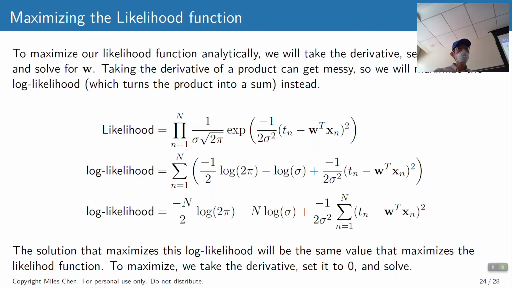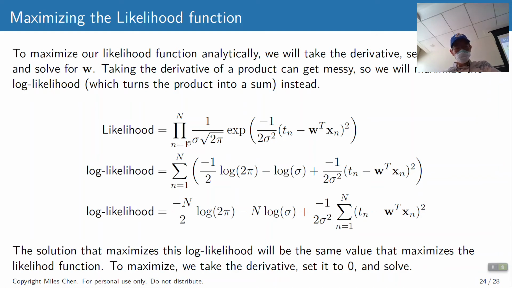Because it's a big product, that gets messy. So instead of dealing with the product, we're going to take the log of this to turn it into a sum, then take the derivative of the log likelihood, set that equal to 0, and solve for w, which is a little bit easier to solve, I think.